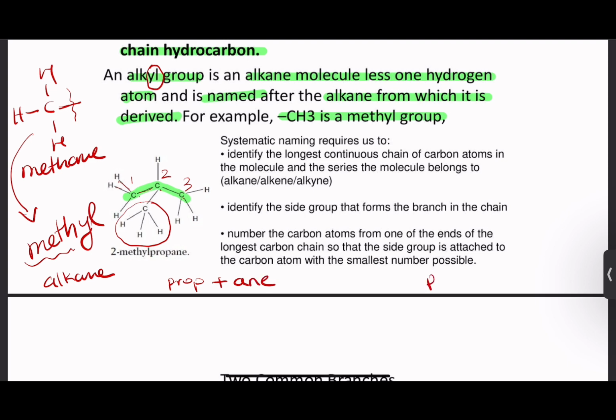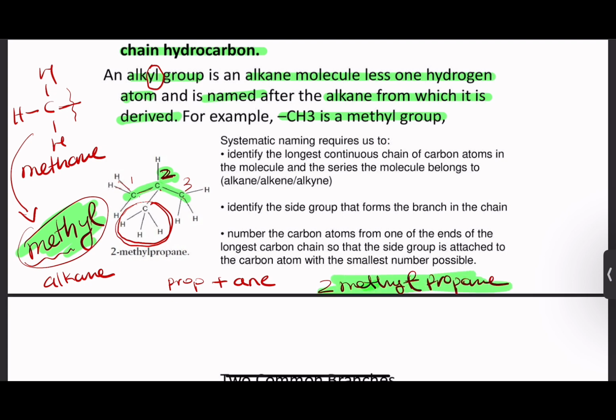So it is propane. Now I need to add my prefix. Prefix is going to go for my branch. So my branch, you see, it is this methyl group, right? Methyl group. Because it is located on the second carbon, I'm going to say 2-methyl propane. This is the name of this compound.